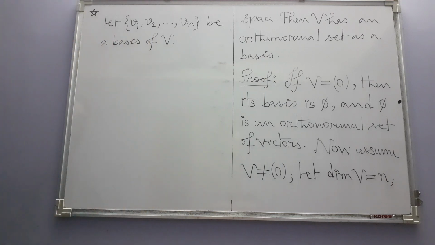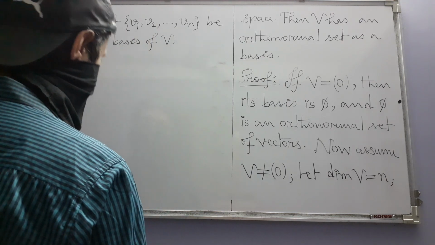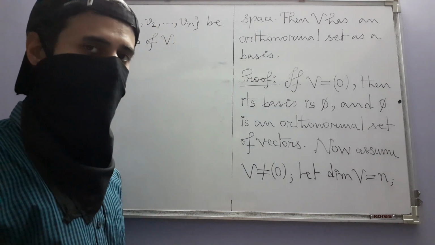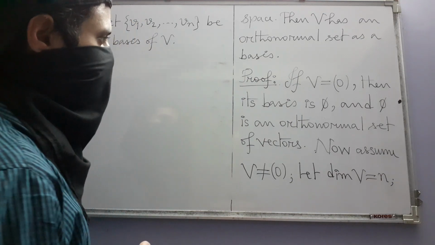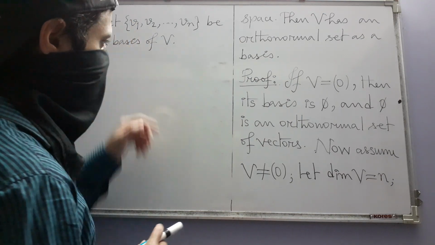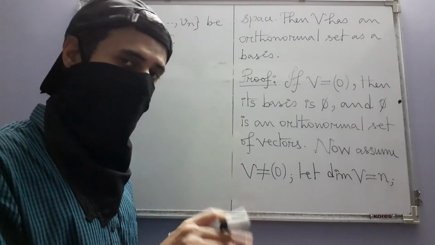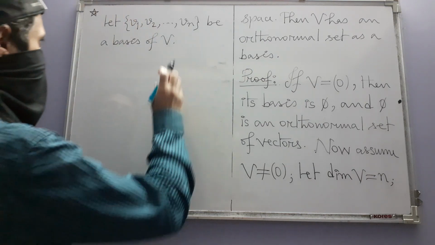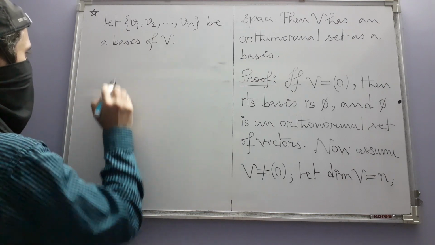It's a natural number, positive natural number. Okay, but this itself may not be an orthonormal set. We want to have an orthonormal set also as a basis. So now using this we have to create an orthonormal set, and the process of doing that is the Gram-Schmidt orthogonalization process. Okay, so let us start that in the next paragraph.